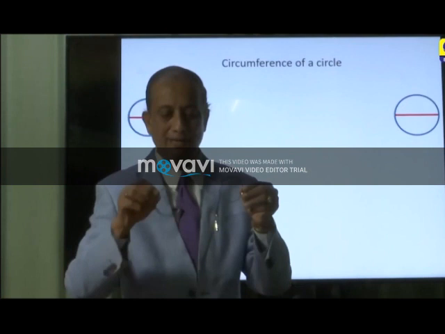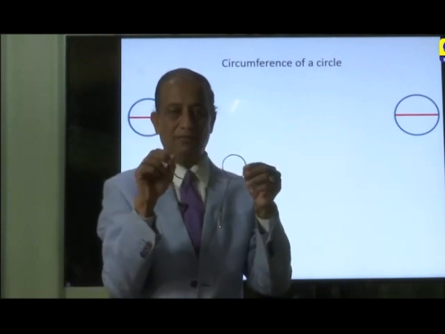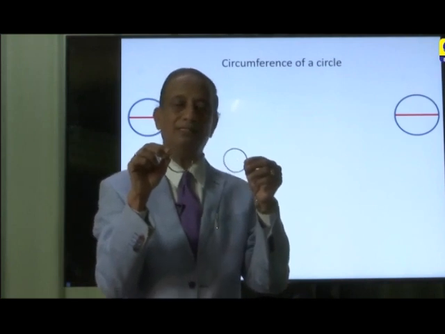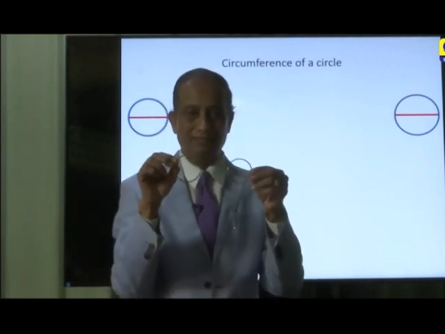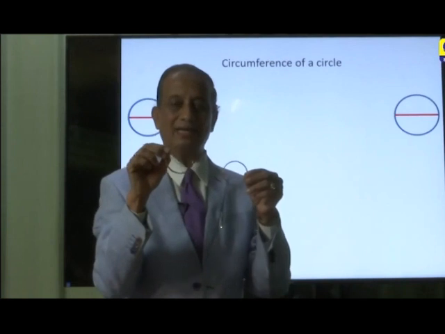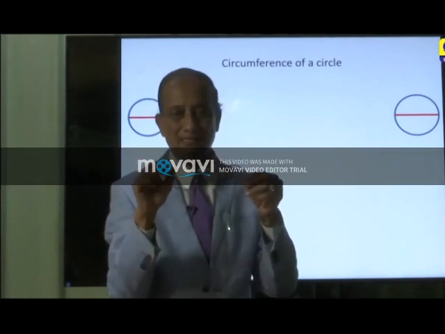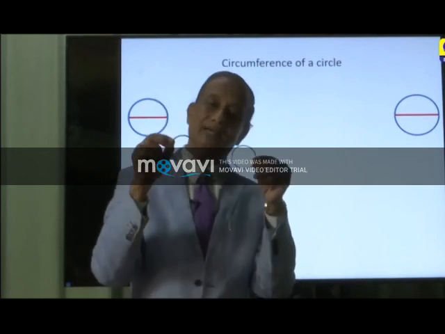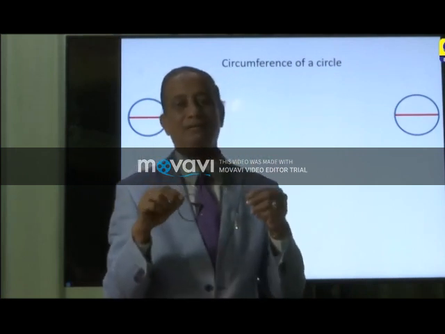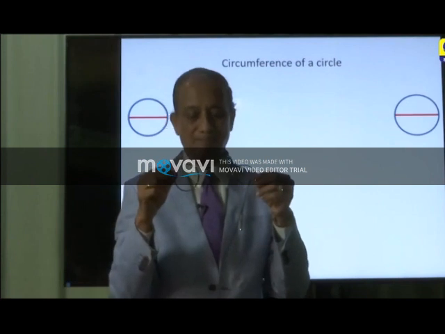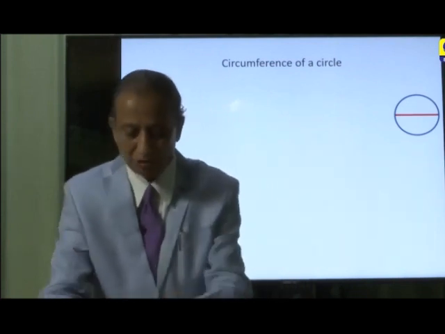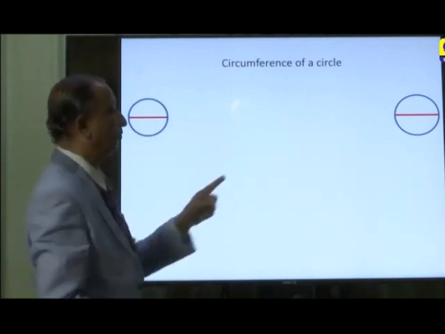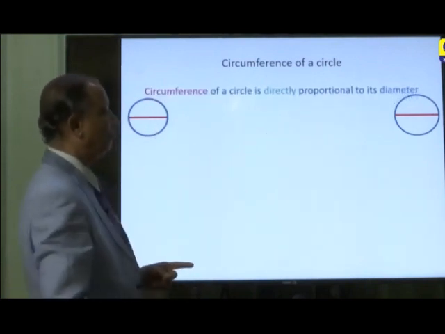There is another bangle here, a little bigger. Compare the diameter of these two bangles and the respective circumference. You can see that as the diameter increases, the circumference also increases, and as the diameter decreases, the circumference also decreases. This is one important relationship that we need to understand.